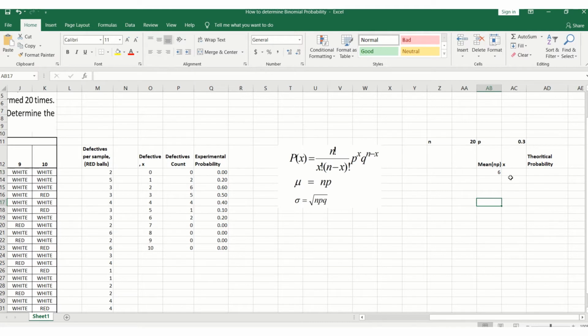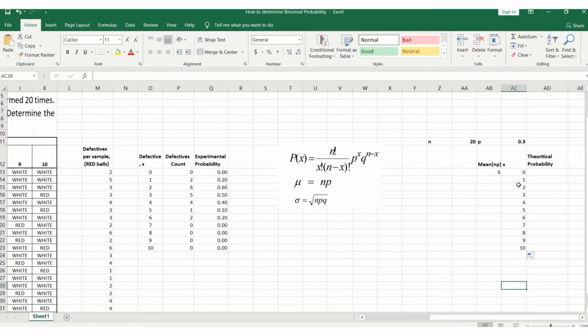Now if I want to find x, how many defects are there? Is it 0, 1, 2? There can be up to 10 possible defects, because we are drawing the ball 10 times. So I just determine it.